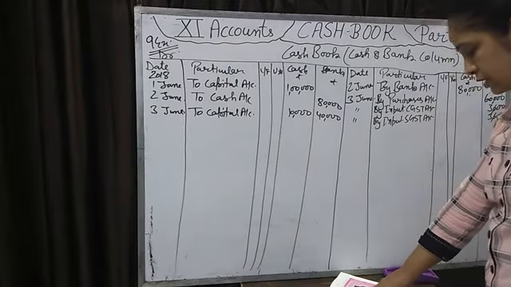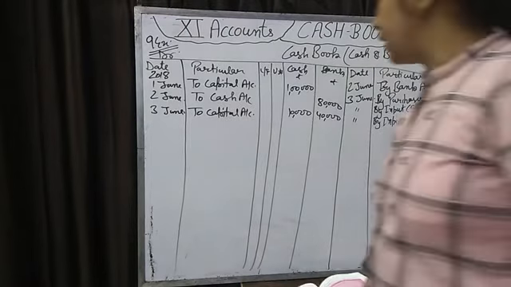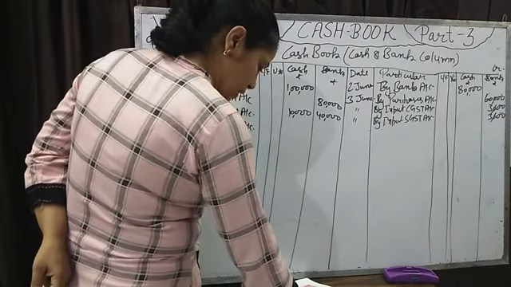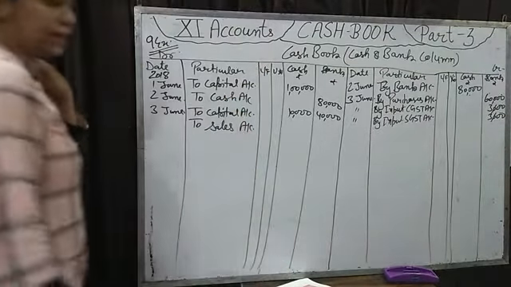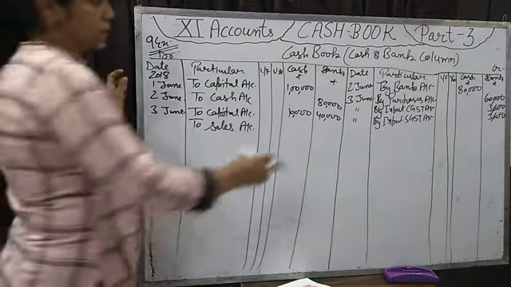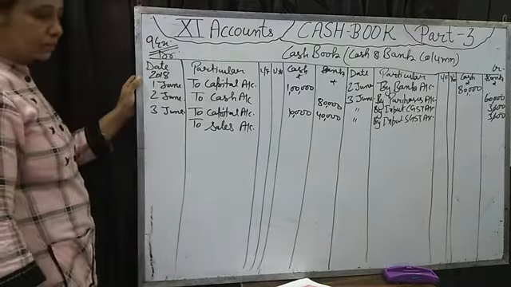Now we are selling goods. Now money will come, so we will write it on the debit side. From where is the money coming? To sales account. How much? 40,000 and GST 6,000, and the cheque received was immediately deposited into the bank. We are receiving a cheque and depositing it into the bank, so we will write this amount in the bank column.